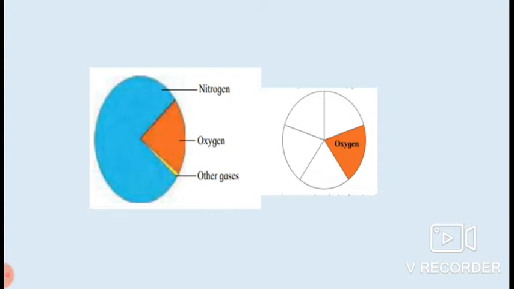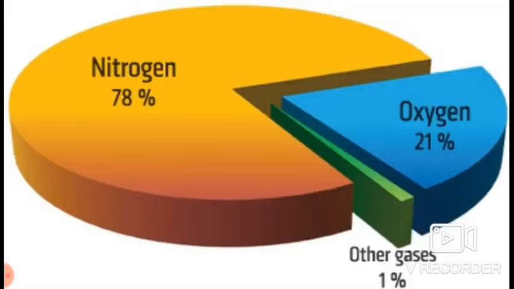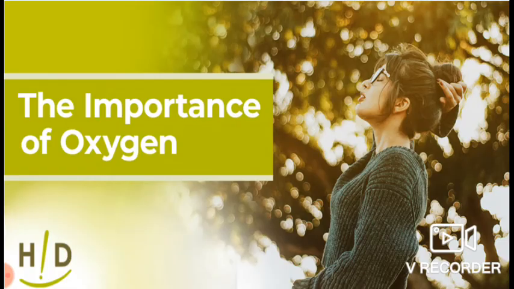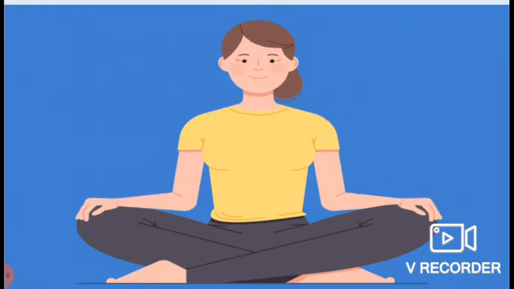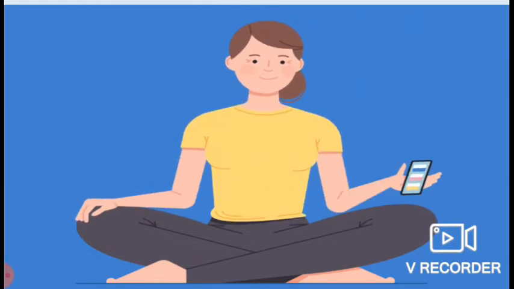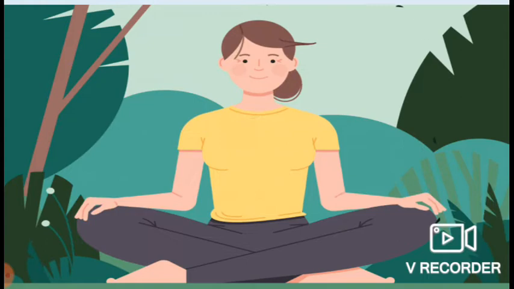Apart from oxygen, there are other gases in the atmosphere. Look at the slide. Other gases are nitrogen and carbon dioxide. Now we will see the importance of oxygen. Oxygen in the air is used for respiration and also for burning.